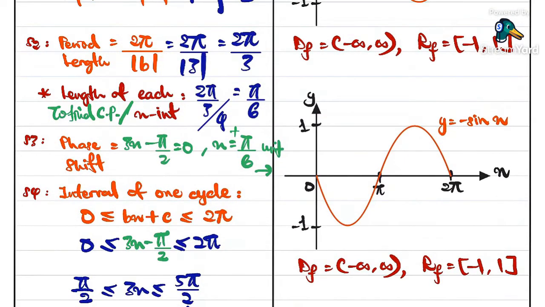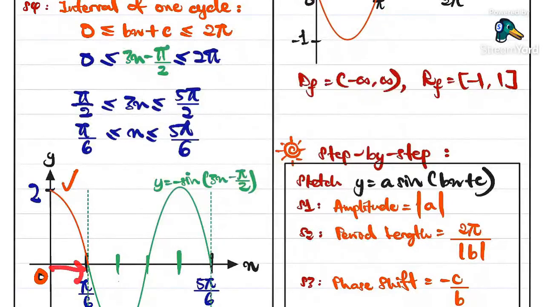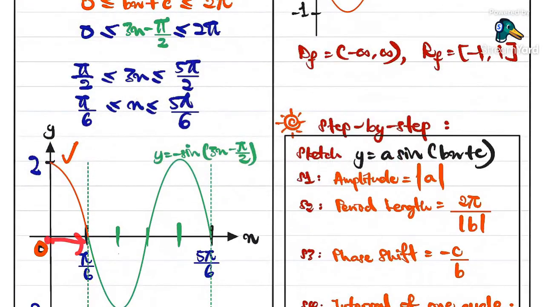We know that the distance from one critical point to another critical point is just pi over 6. Yeah, that is the distance. In fact, this is the shifting part. You see, it's shifting to the right-hand side from 0. Can you see that? From 0, it shifts sebanyak pi over 6 unit.